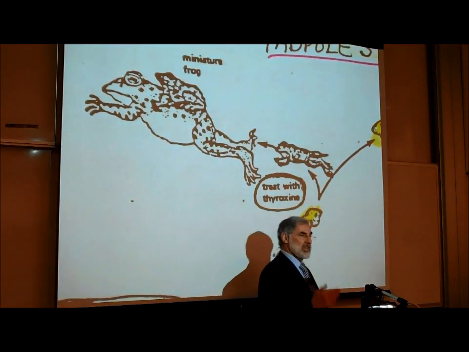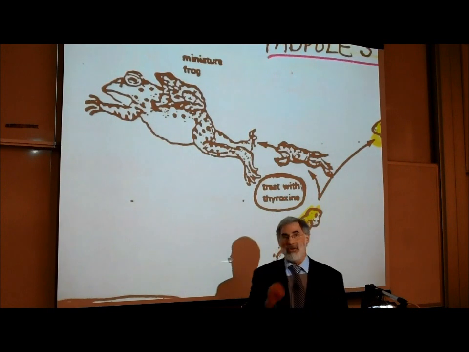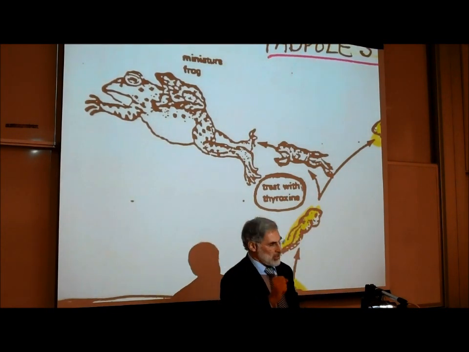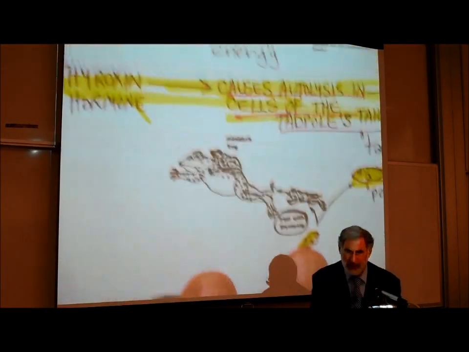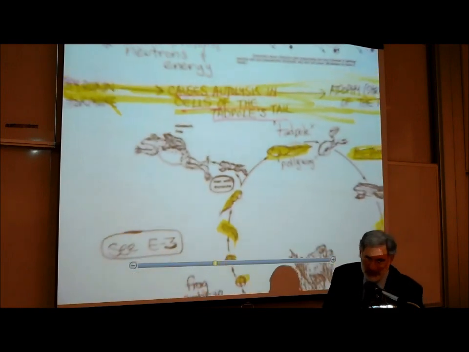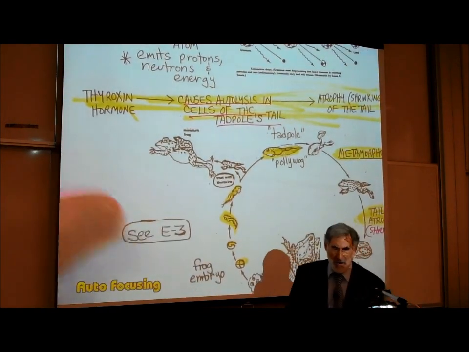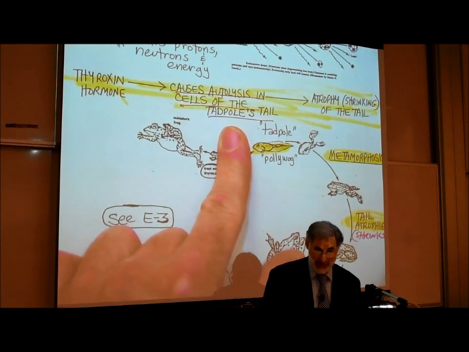And that immediately caused it to metamorphosize, so we ended up with a miniature frog. So that was one of the lines of experimental evidence that giving the thyroxine was what triggered or initiated metamorphosis. Now, everything I've just told you was written right up here. So right above the picture, we wrote that the thyroxine hormone actually causes autolysis, right?